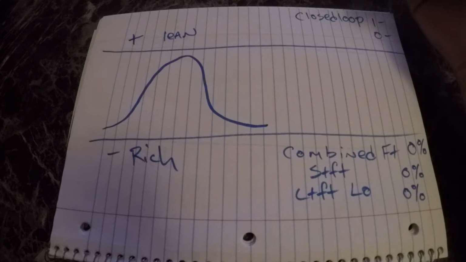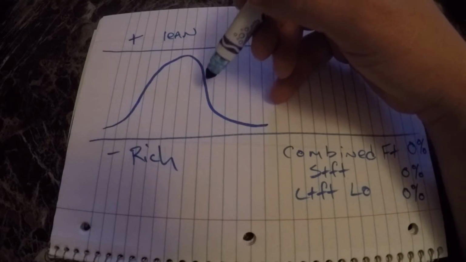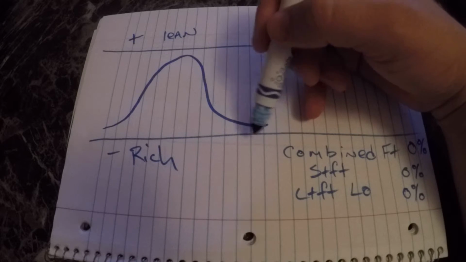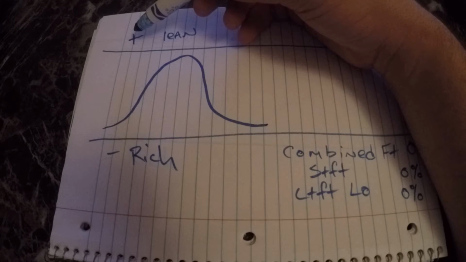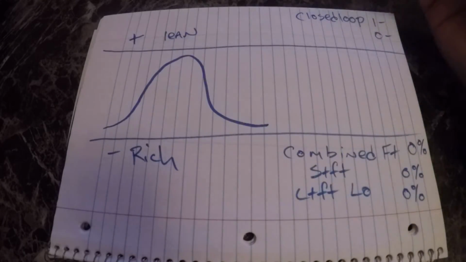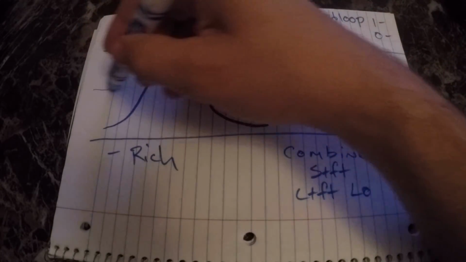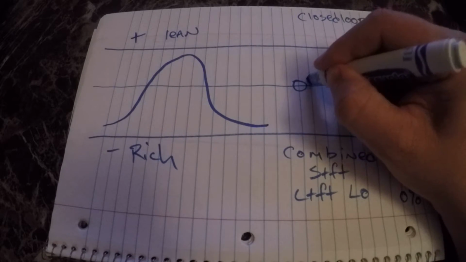For those of you guys that are new and don't know that yet, punch the gas. You'll see. If it goes up, you're going to go lean. If that wideband rating goes down, you're going to be rich. Same thing here with your trims. If they're positive, you don't have to have a wideband to figure it out. If it's a positive, you're going to be lean. If you're negative, you're going to be rich. We want to be right about in the middle, right around 0%.